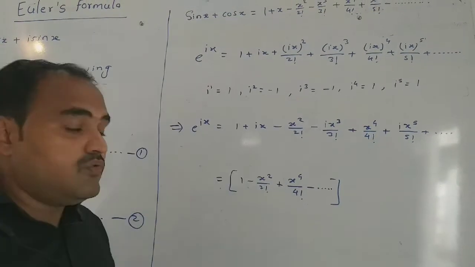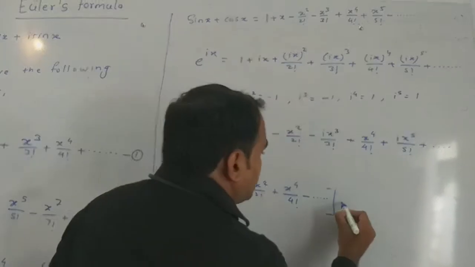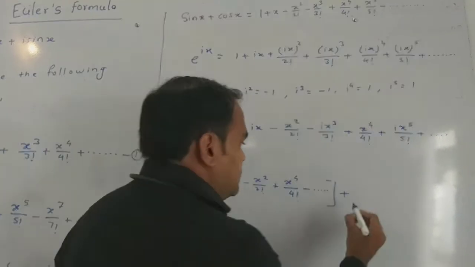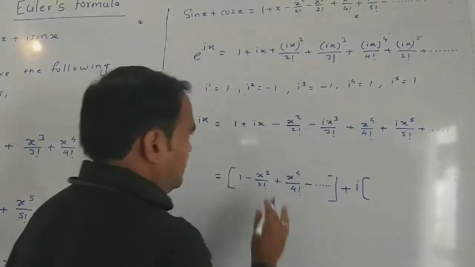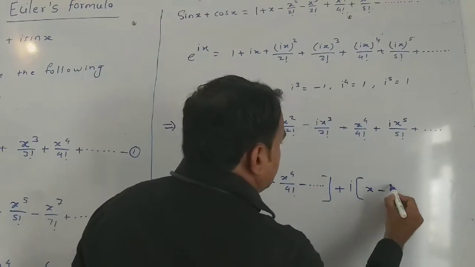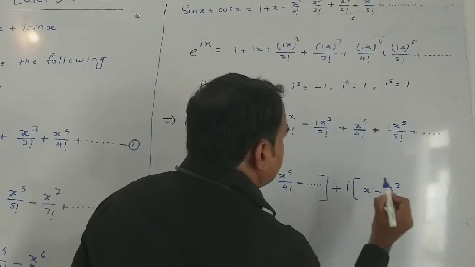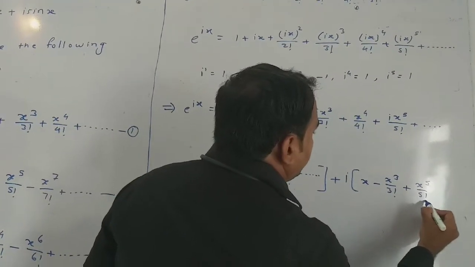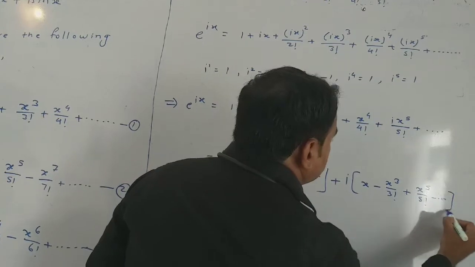Now we take the imaginary part, taking i common: i into x minus x cube upon 3 factorial plus x to the power 5 upon 5 factorial minus and so on.